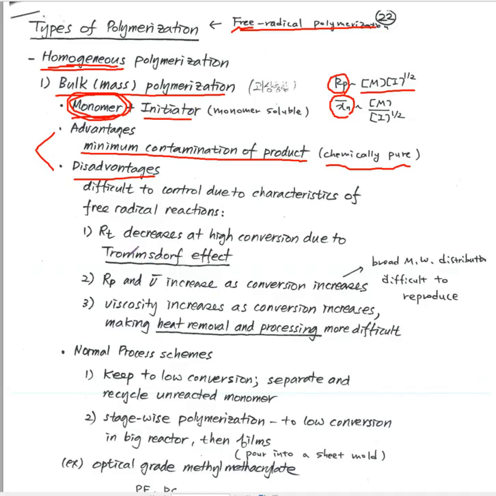So at high conversion, because the termination rate decreases with higher viscosity, we can experience this auto acceleration or gel effect, right? And we learned that it could be quite dangerous, right? Explosion can occur. Okay?